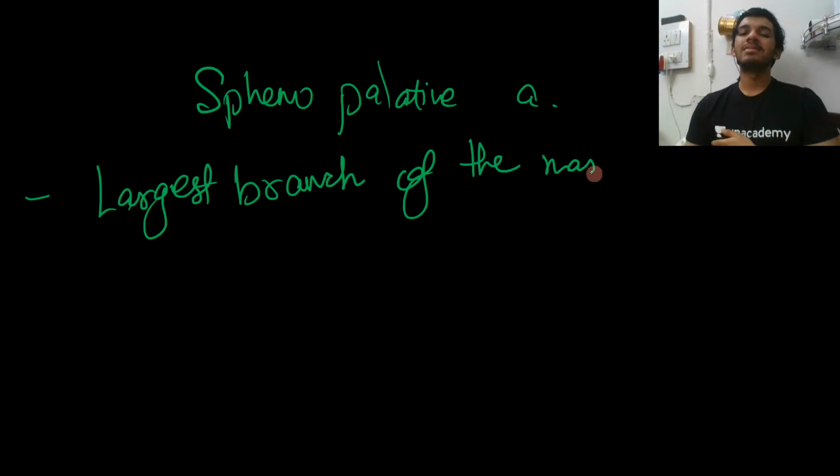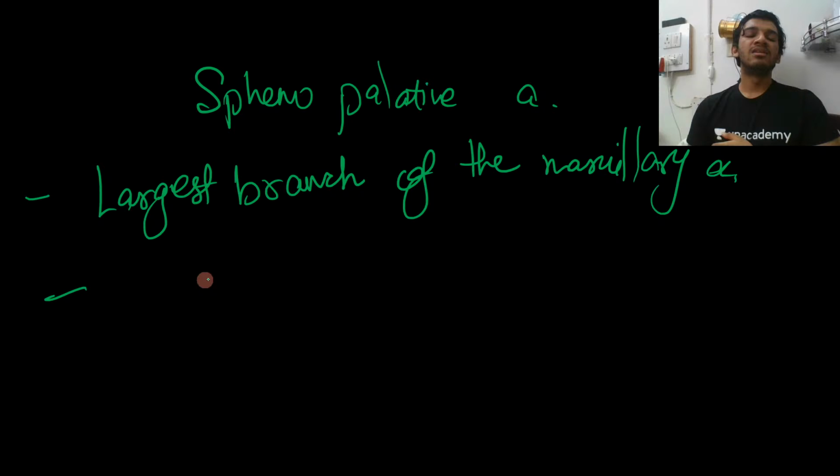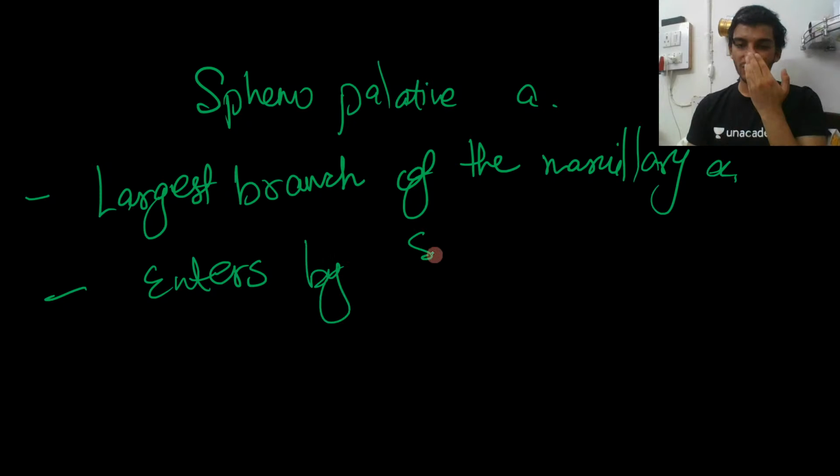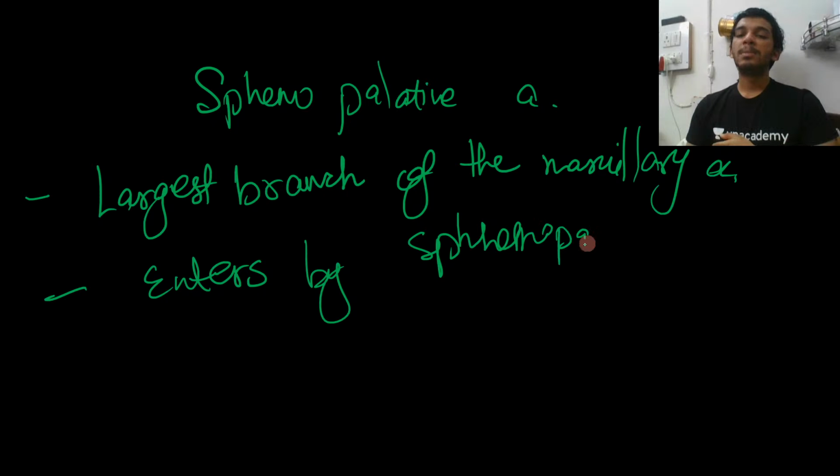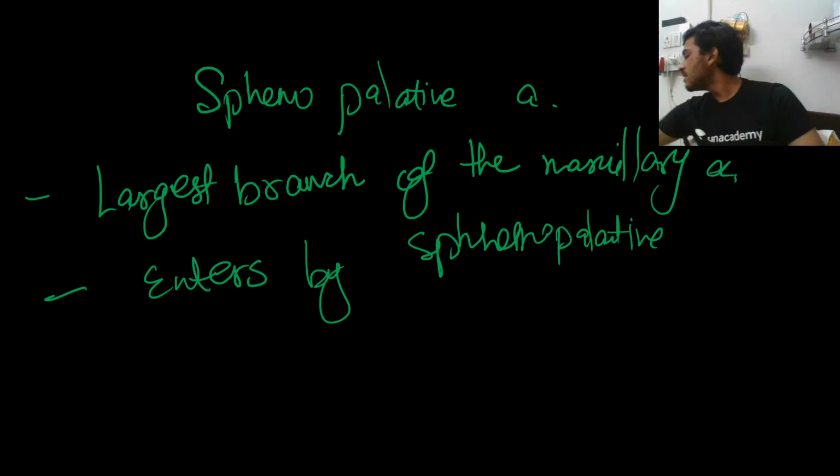The second thing that you need to know is that it enters the lateral wall of the nose by the sphenopalatine foramen. It has a foramen to its own name that is present going into the nasal cavity.